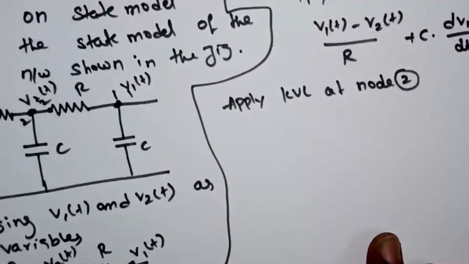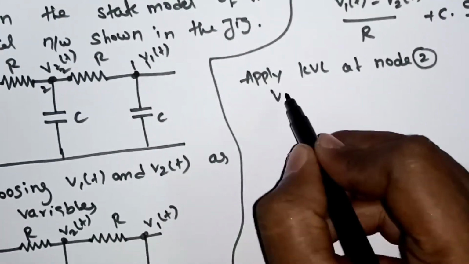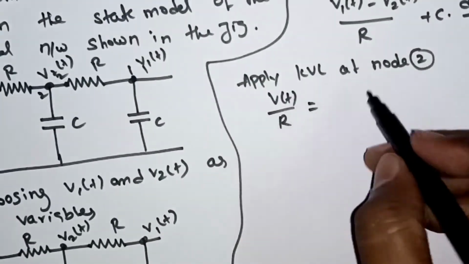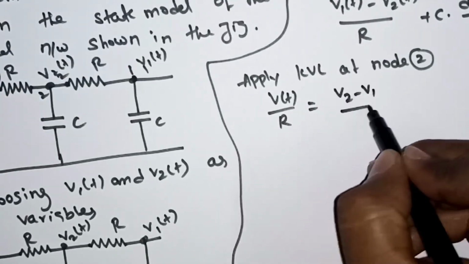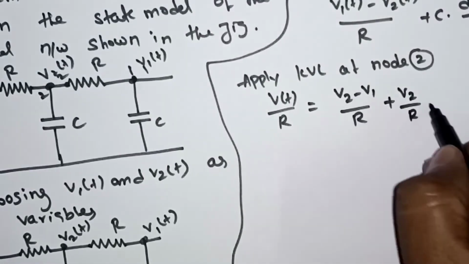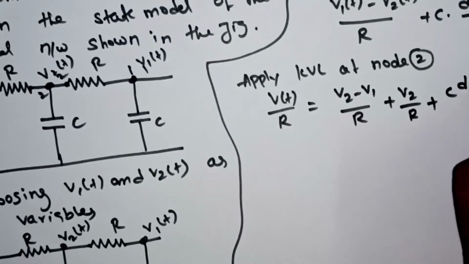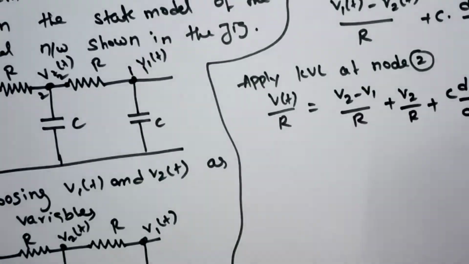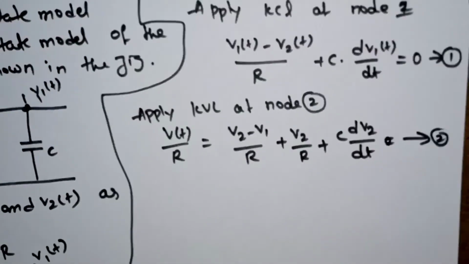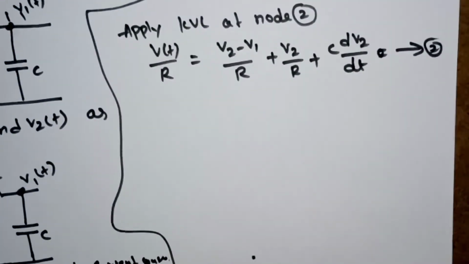So first we are going to write V(t) by R is equals to (V2 minus V1) by R plus V2 by R plus C into dV2 by dt. That is equation number 2. So this is the equation number 1 and this is the equation number 2.